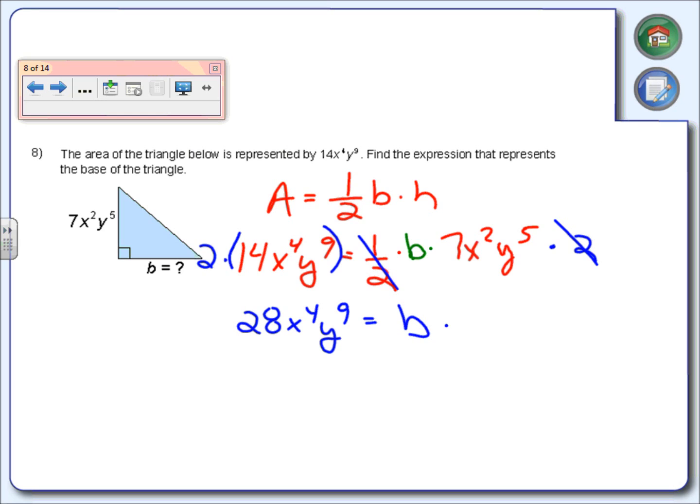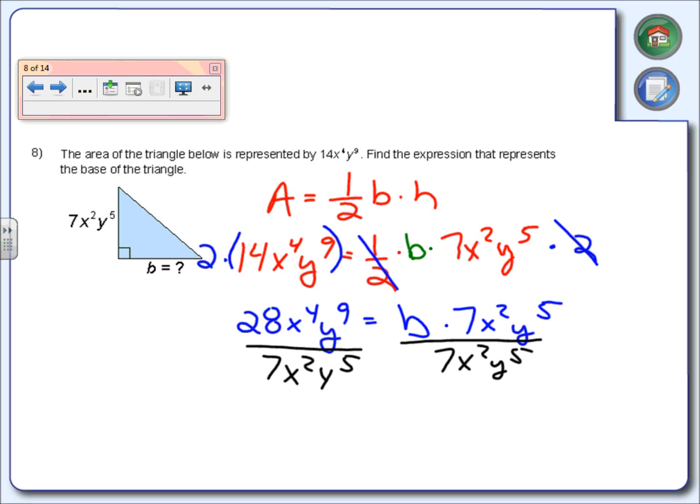That's going to equal b times 7x squared y to the 5th. Remember, the idea here is we're solving for b. What is b? So what am I going to do next? Divide by here's what we're dividing by. That way we can get rid of this, leaving us with b by itself.